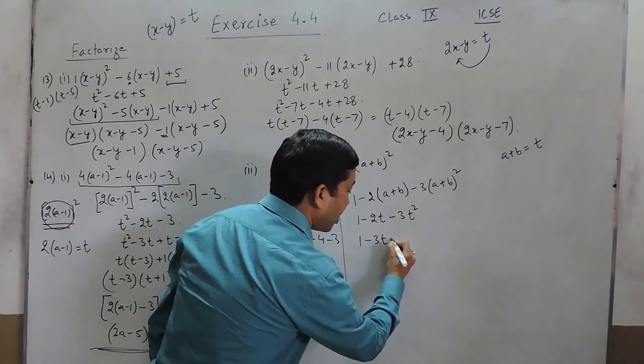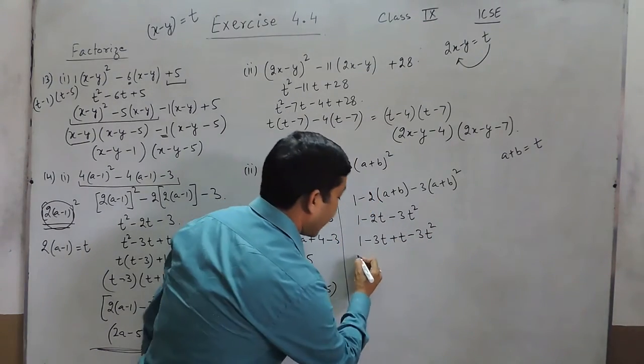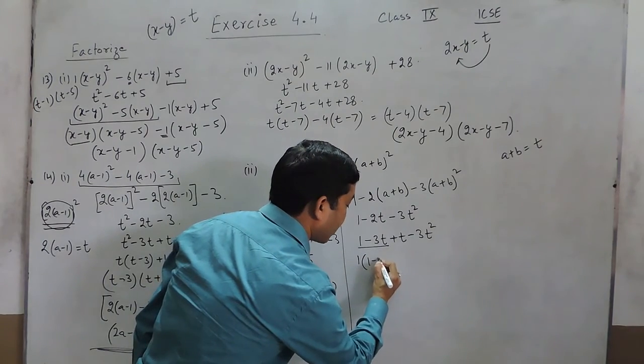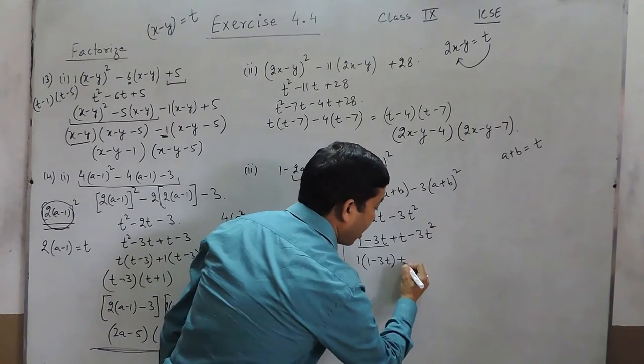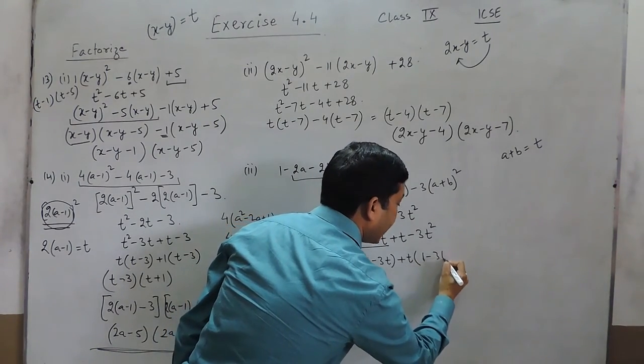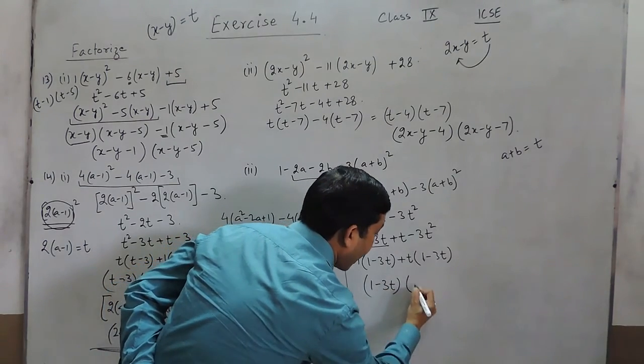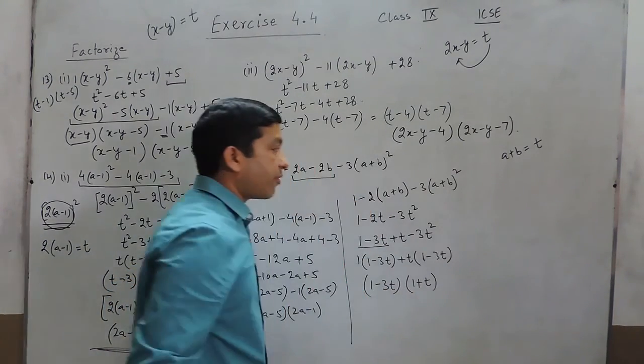So 1 minus 3t plus t minus 3t square. If I take 1 common in the first two terms, it is 1 minus 3t. If I take plus t common in the last two terms, again it is 1 minus 3t.